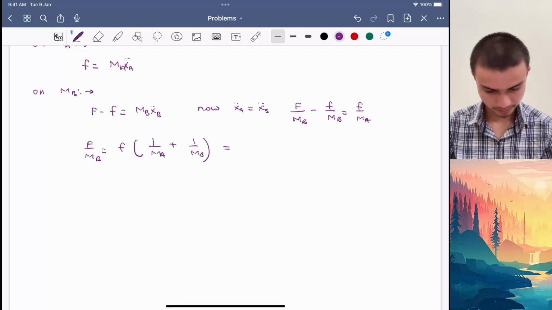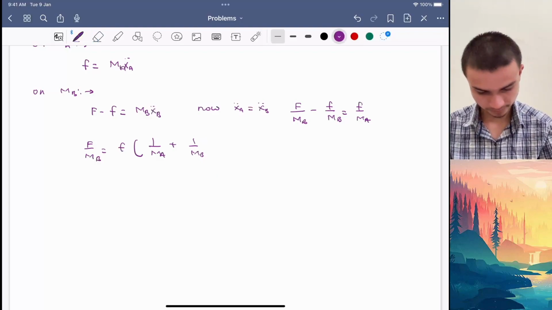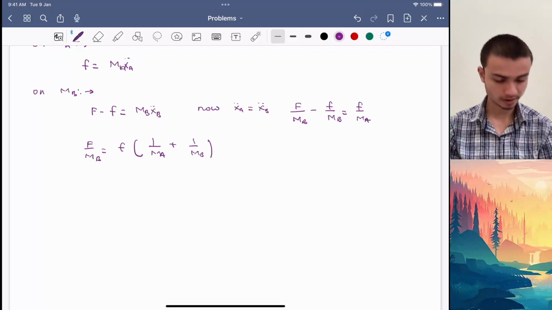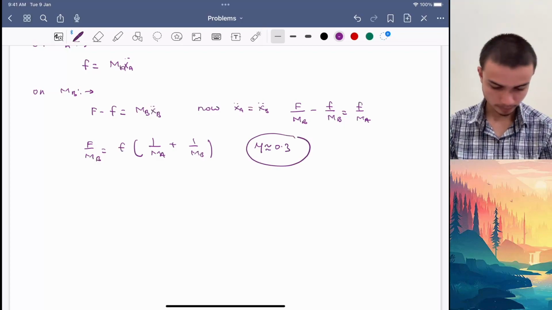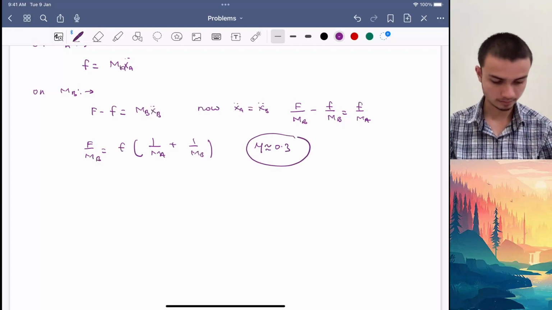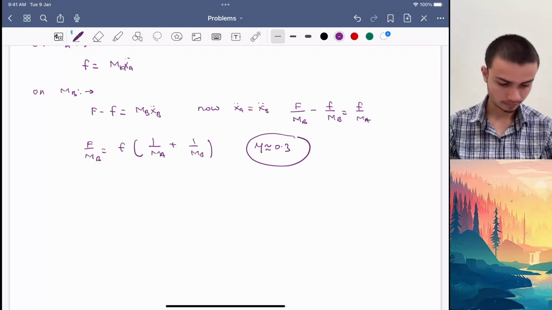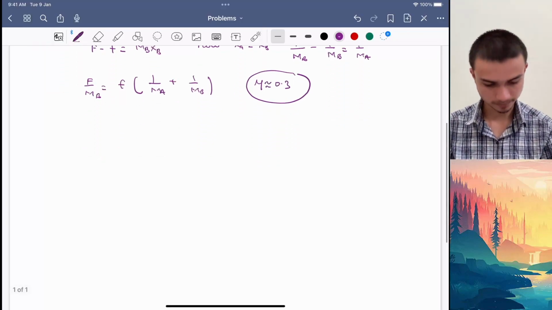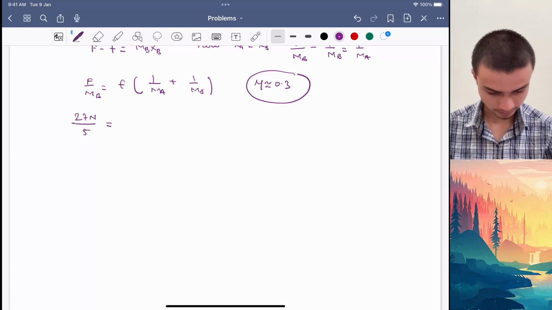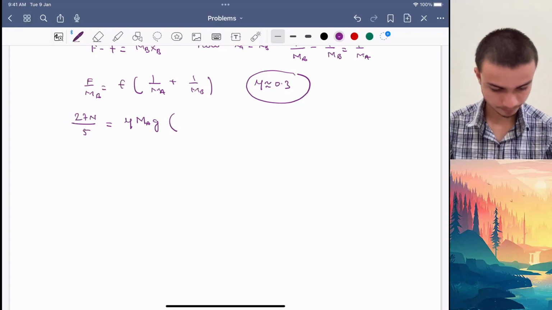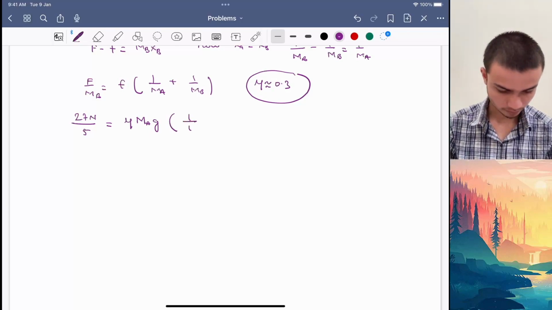After solving this, we get the final expression, and the rest is a numerical exercise for you, and you will get mu as 0.3. If you plug in the values: F equals 27 newtons, MB equals 5, and this is mu times MA g times 1 by 4 plus 1 by 5.